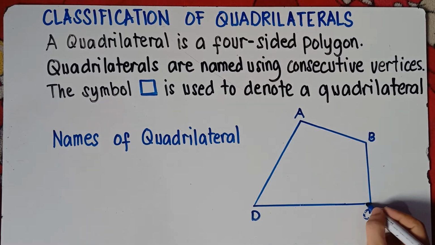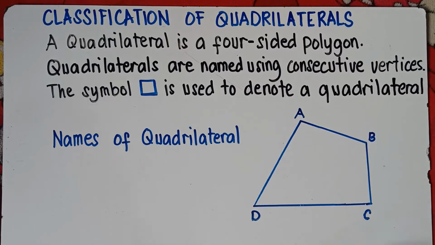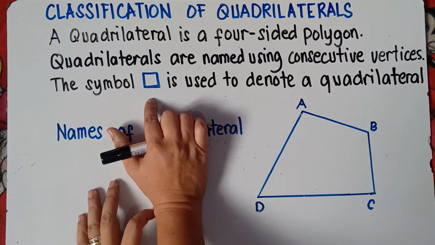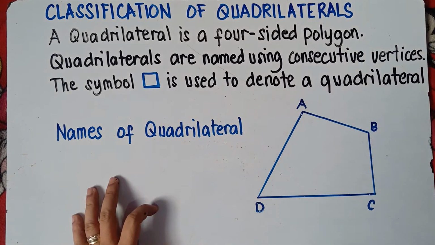Now, a quadrilateral is named using consecutive vertices. We will explain that later on. The symbol, a small square, is used to denote a quadrilateral.